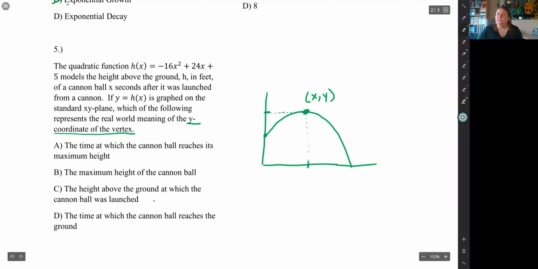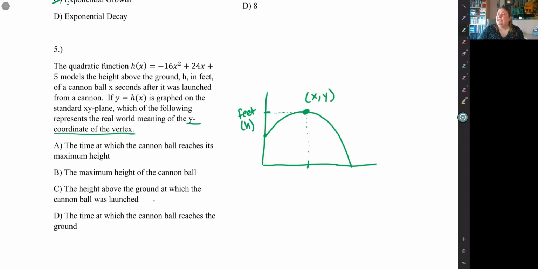Let's make sure that we have the correct values for our x and y axes, and then I think we can solve this. So it says h of x models the height above the ground, where h is in feet. So my feet are going to be here. That's the h variable.